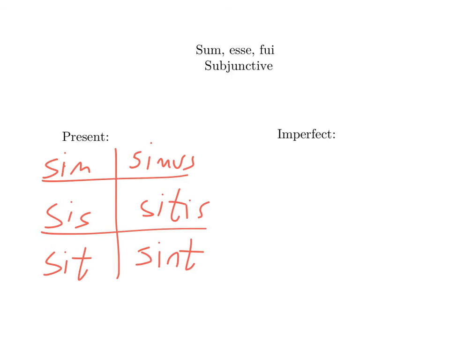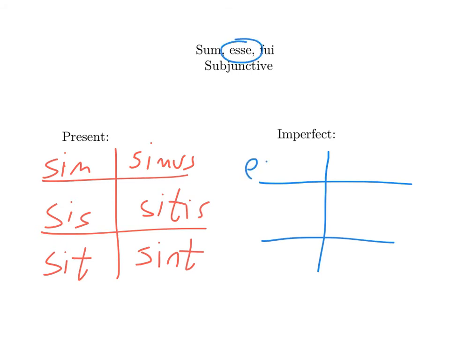And so the imperfect subjunctive for sum, esse is nice because it follows the same rule as the other imperfect subjunctives. You grab your infinitive, and then you add endings.